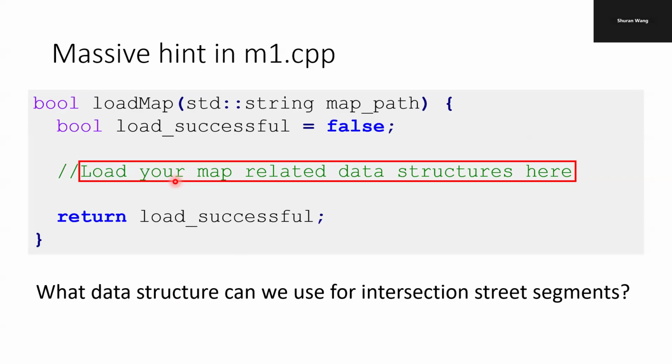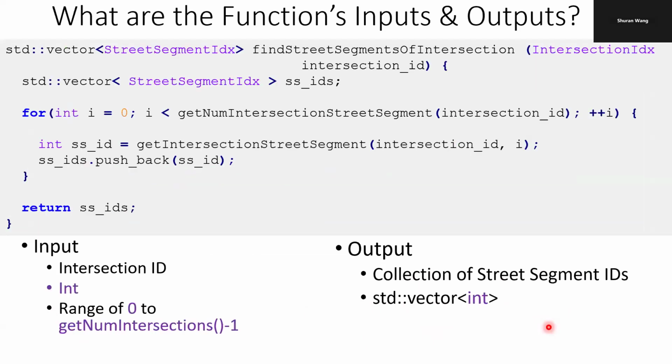Let me show you. Okay. Yeah, we make a global variable here to store something for the intersection street segments function. So let's think, if we just want to do a direct return of some global variable, or a part of some global variable, what data structure can we use?